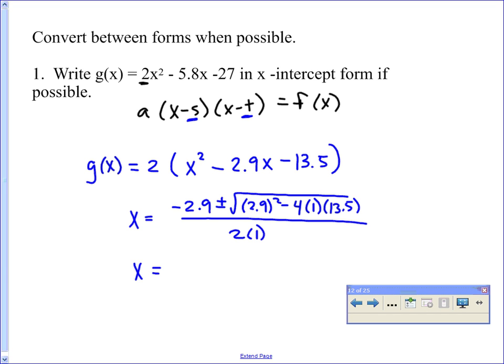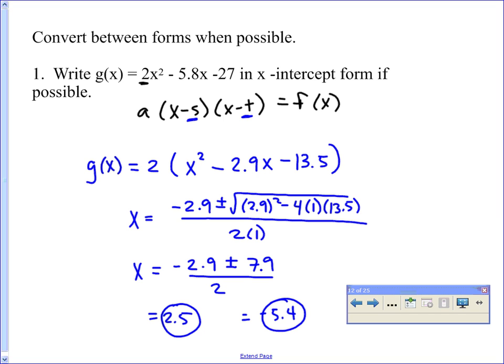And we're going to simplify this, and when we simplify this, we get 2.9 plus or minus 7.9, all of that over 2. And then we do the 2.9 plus 7.9, and we get 2.5. And then we get minus, and we get the 5.4. So those are my two x-intercepts.